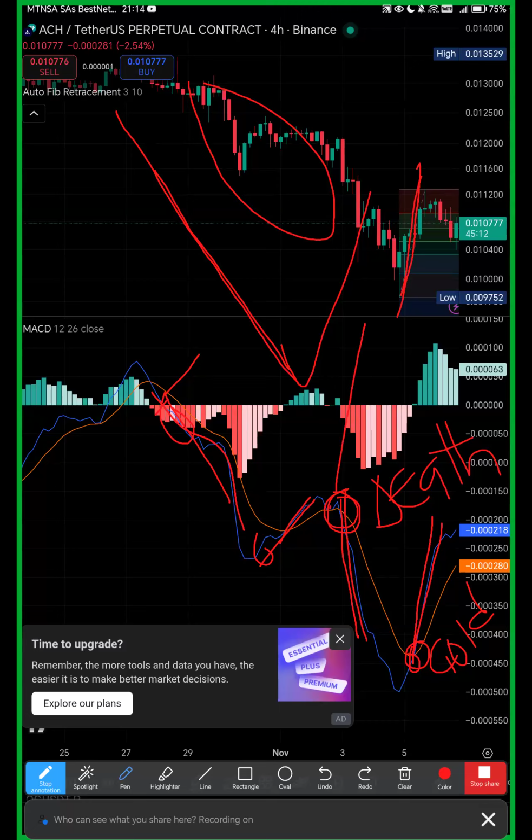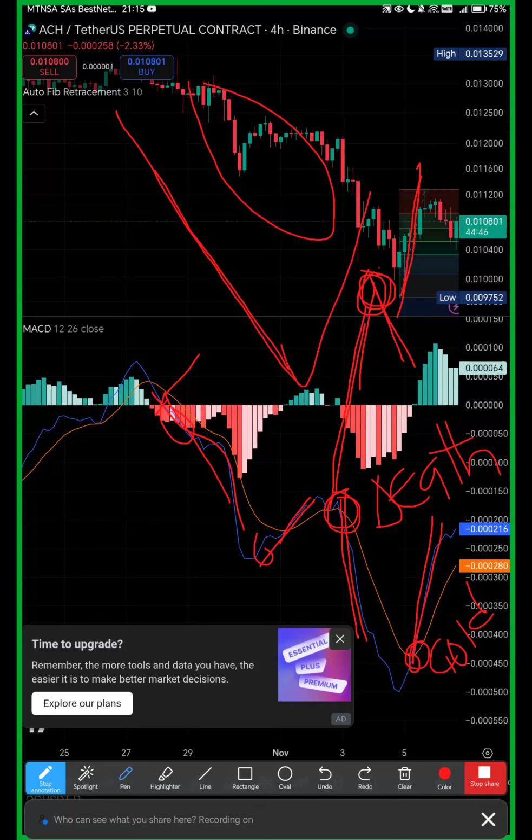If the price was going up and you are following the trend, and from nowhere price changes direction downward, you will see MACD signaling a death cross.